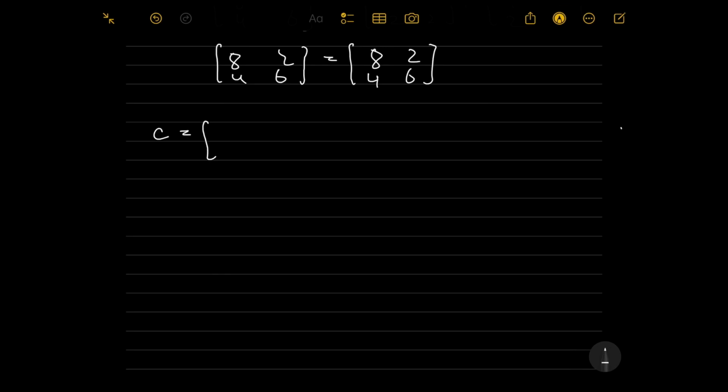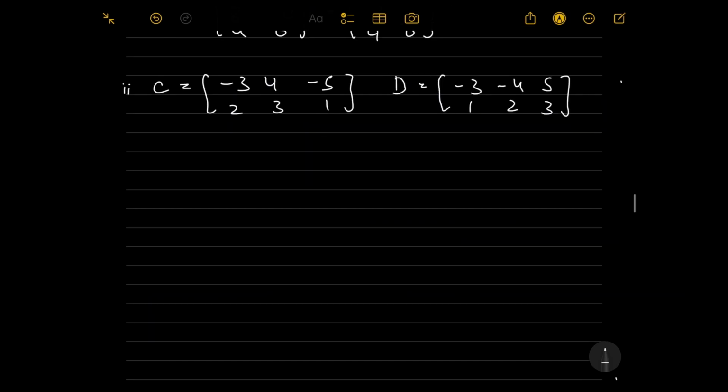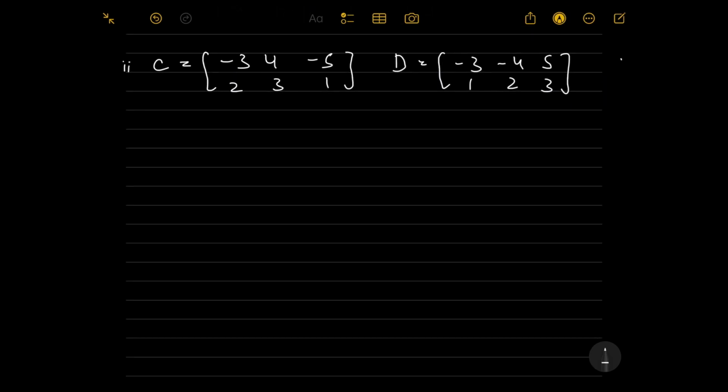C equals minus 3, 4, minus 5, 2, 3, 1, and then D is minus 3, minus 4, 5, 4, 5, 1, 2, and 3. So this is the question, and c plus d here equals d plus c.